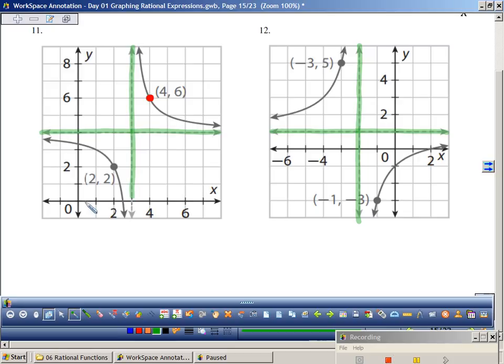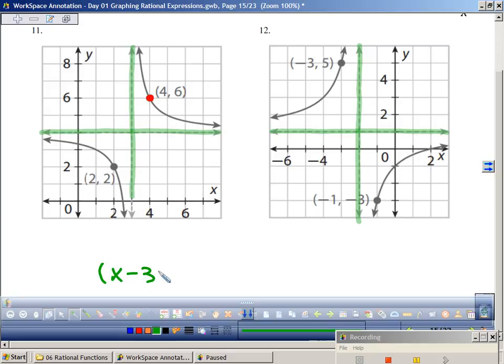So x can never be 3. Wouldn't that be written like this? Right? X can never be 3. Y can never be 4. Right? That's exactly how you do it.